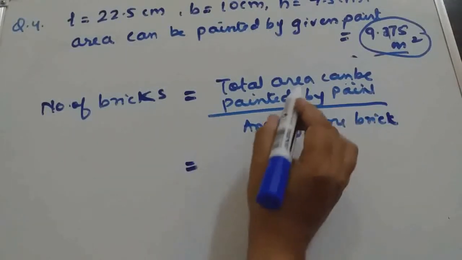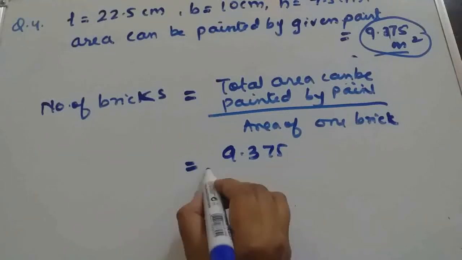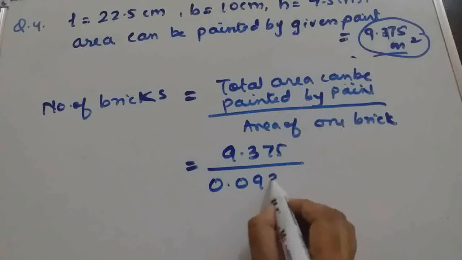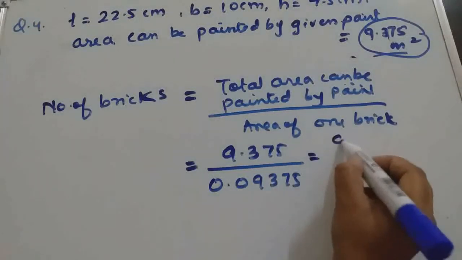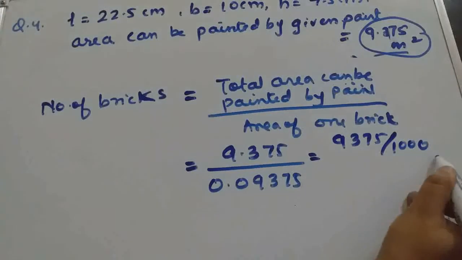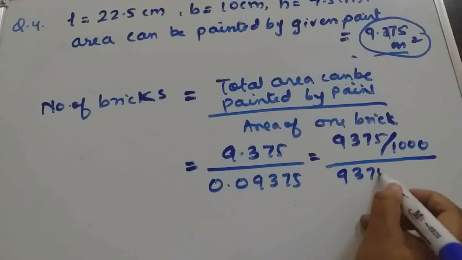Total area is given as 9.375 meter square and we got the area of one brick as 0.09375. So what we can write? This we can write as 9375 divided by 1000, and this we can write as 9375 divided by 100000.